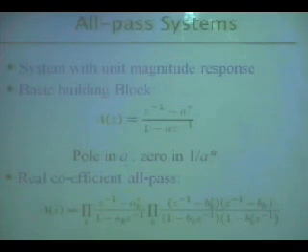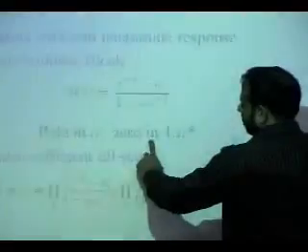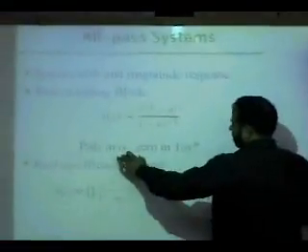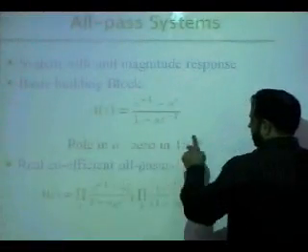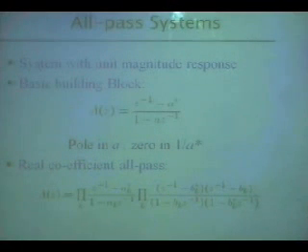So for every pole there is a 0 which makes sure that your magnitude response remains 1 throughout the frequency range. And this is what it boils down to: a pole at A will have a 0 at 1 over A magnitude. So that is an all pass system.